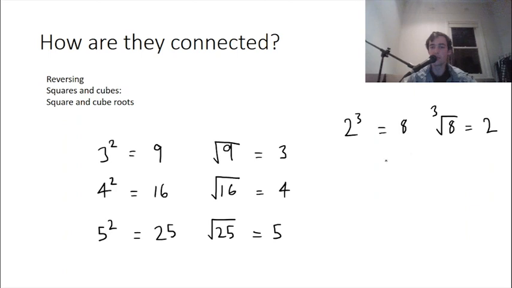And that's 2. I'll write this one first. Cubed root of 27 equals. What number, if you times it by itself 3 times, if you cube it, would get to 27? And that number is 3.